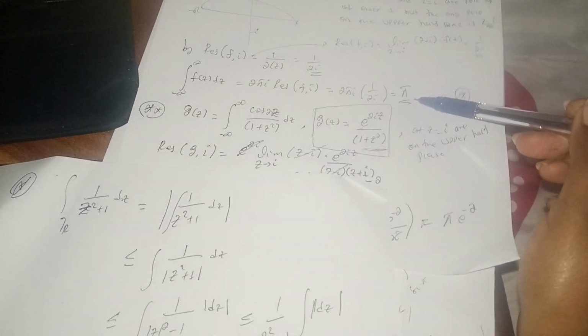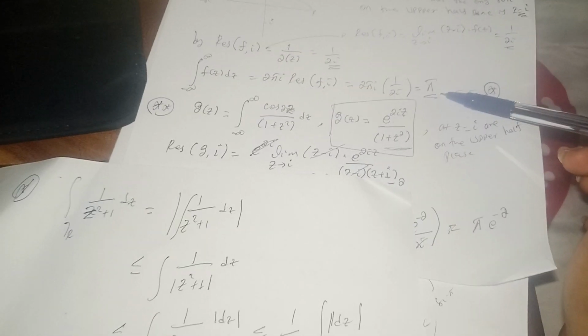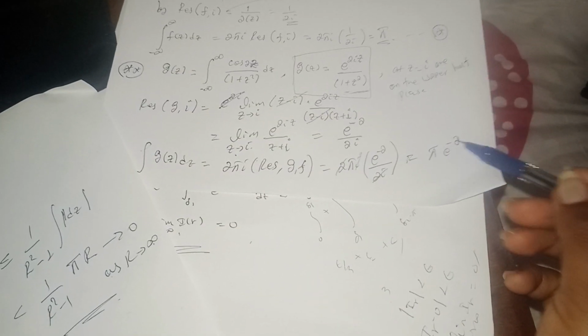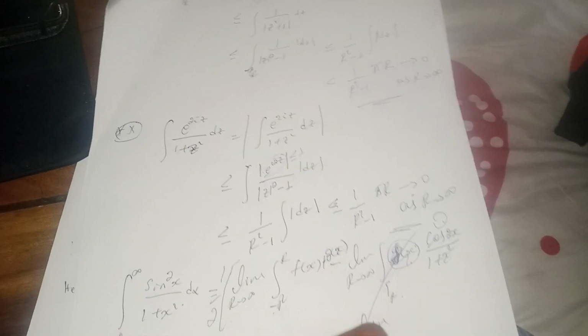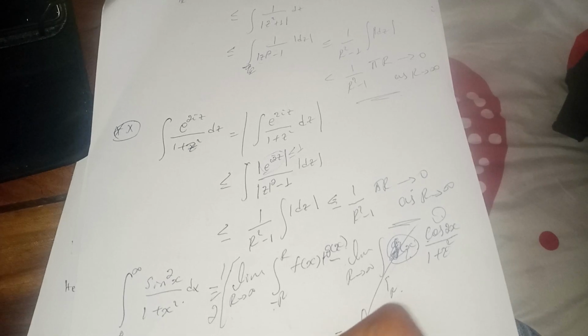From the previous residues, for f we have pi, and for g we have pi e raised to minus 2. So pi plus pi e raised to minus 2.